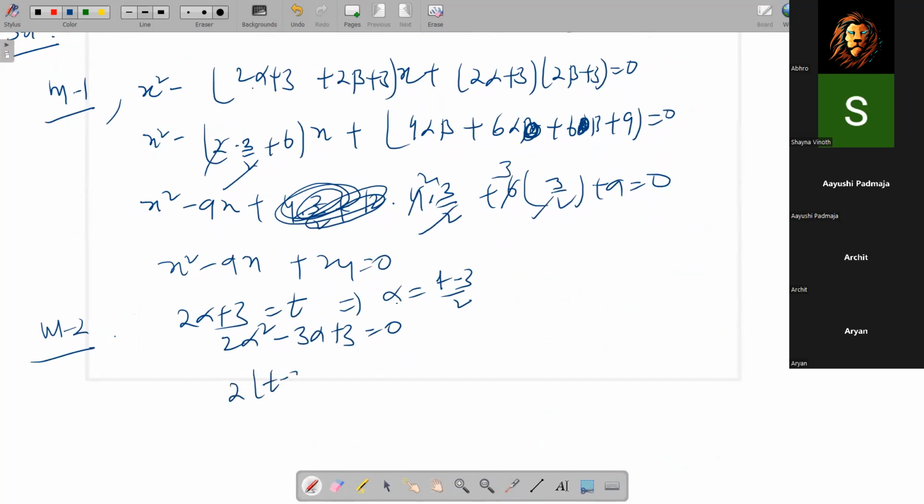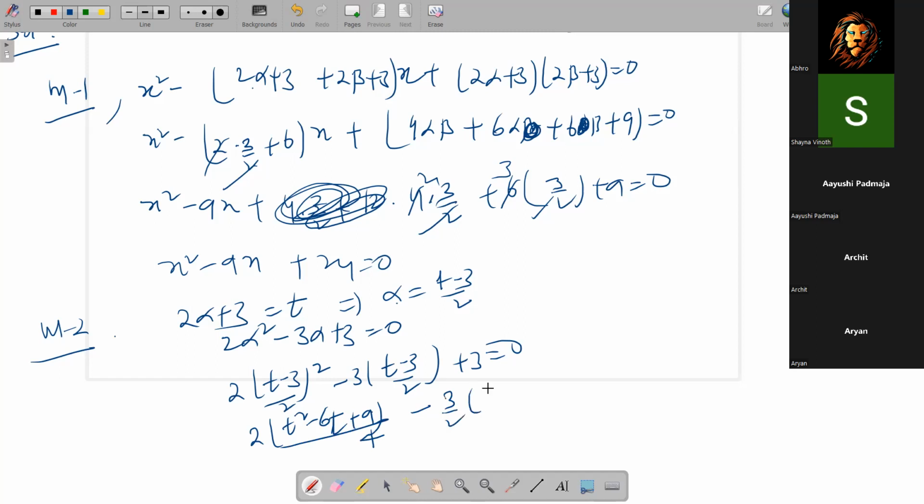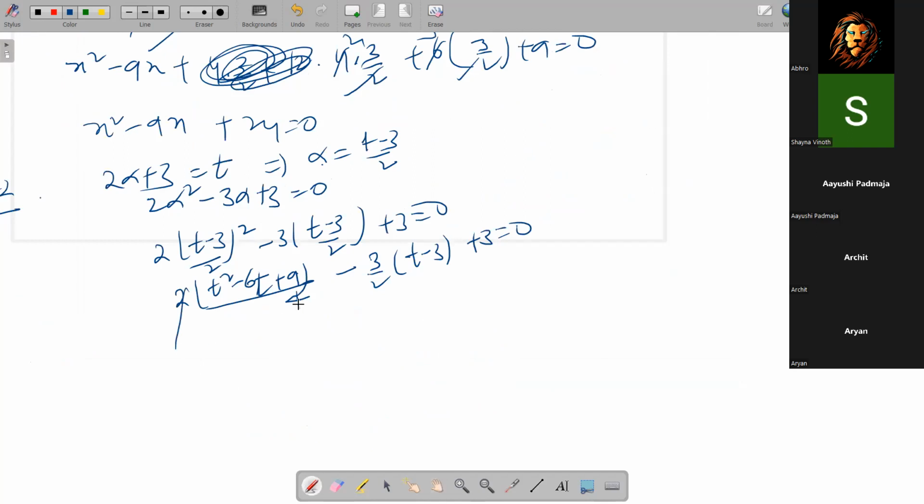So 2 into t minus 3 by 2 whole square minus 3, t minus 3 by 2 plus 3 equal to 0. Just simplify this. 2 t square minus 6t plus 9 upon 4 minus 3 by 2 t minus 3 plus 3 equal to 0. Now, 2 cancel. Take LCM.